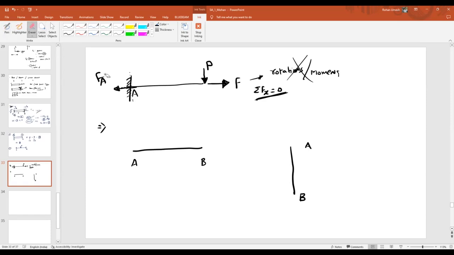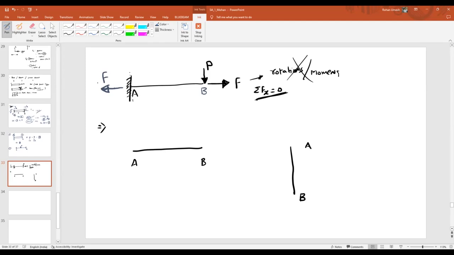So instead of every time writing what is the direction and what is the reaction, here I can say directly that at point B, the applied force F is acting on the right side. To balance this, there should be some resisting force acting in the opposite direction with the same magnitude.